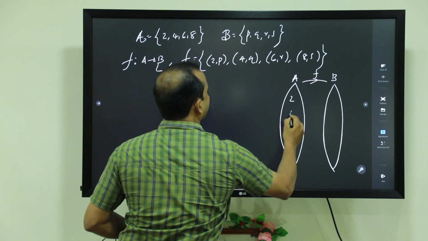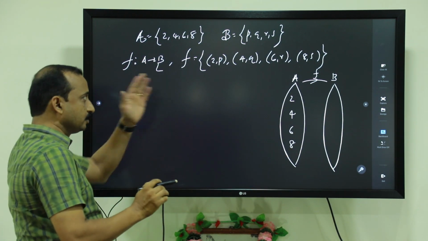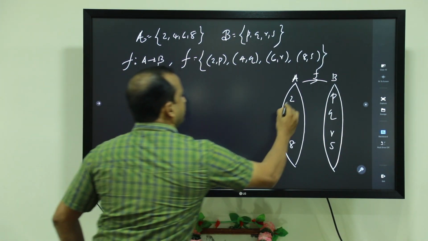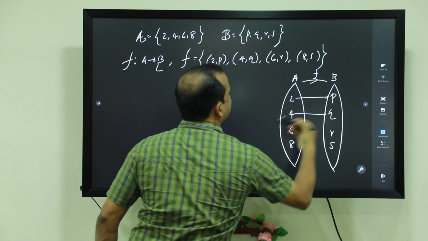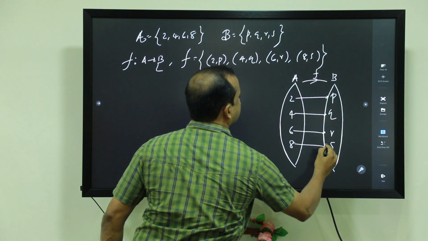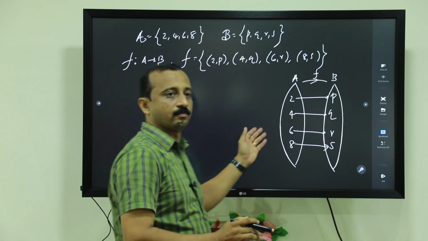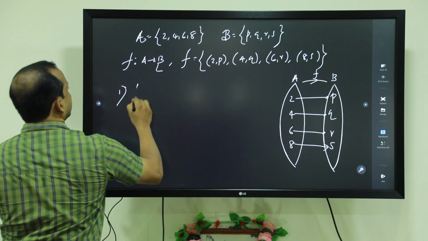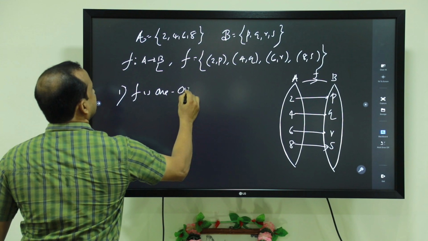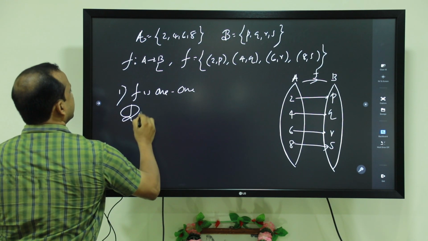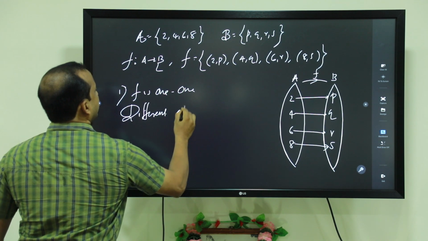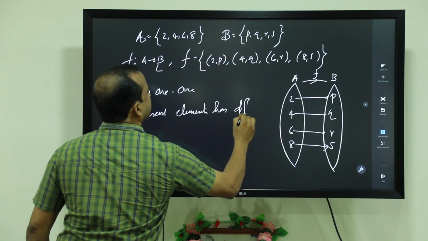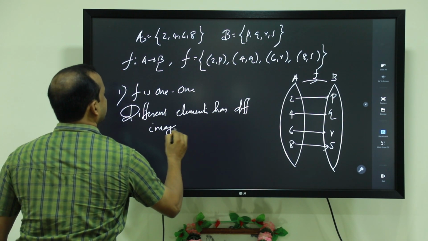Our elements are 2, 4, 6 and 8, and the second set elements are P, Q, R and S. 2's image is P, 4's image is Q, 6's image is R and 8's image is S. Clearly f is one-one because different elements have different images.